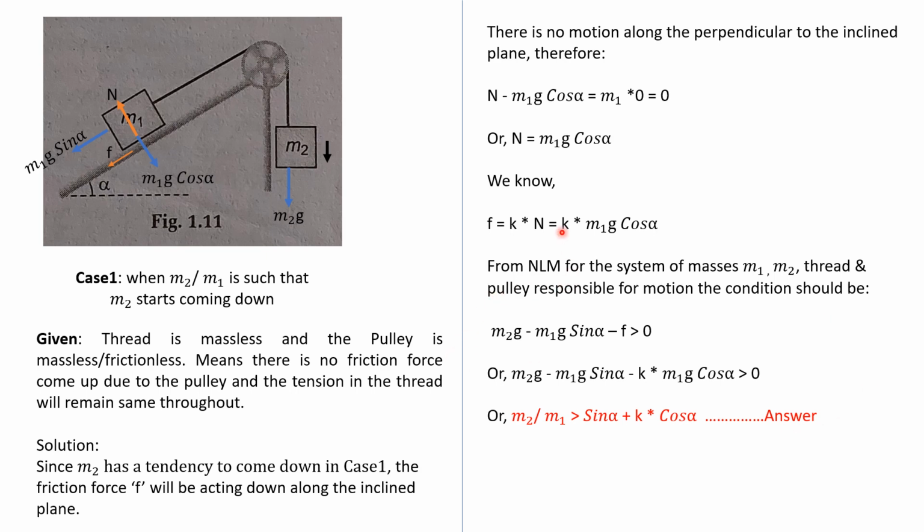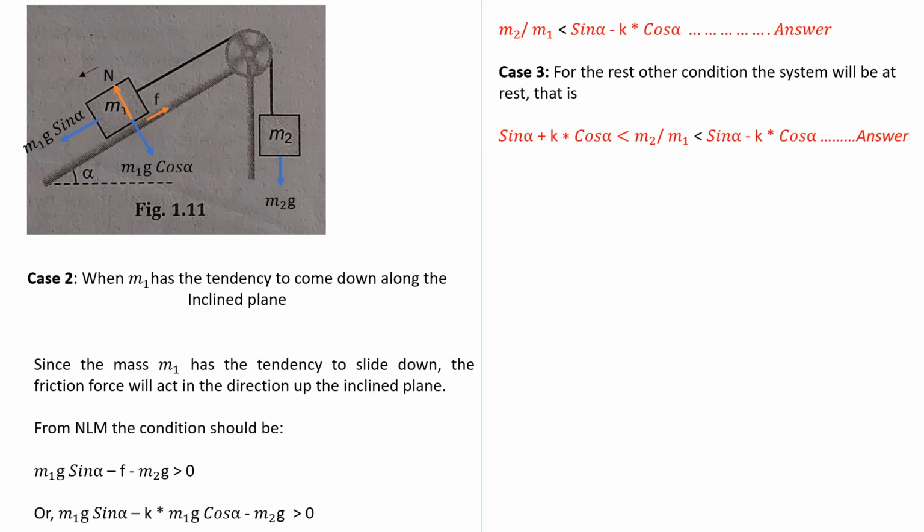Next, we will consider when m1 has a tendency to come down along the inclined plane. So we will make another diagram and show the forces like this. Since m1 now has a tendency to come down, friction force will act in this direction.